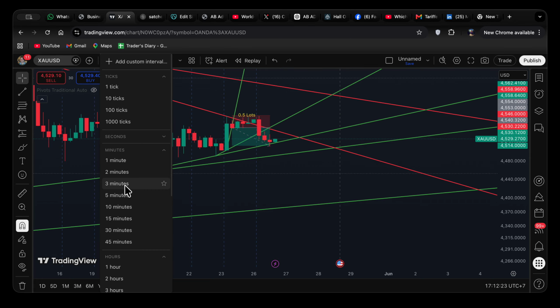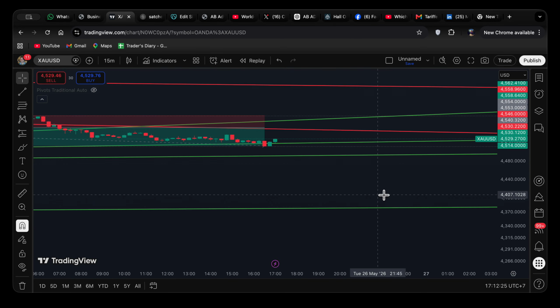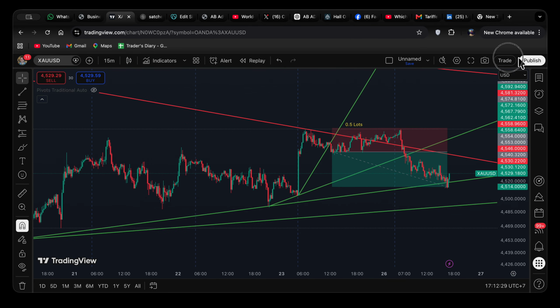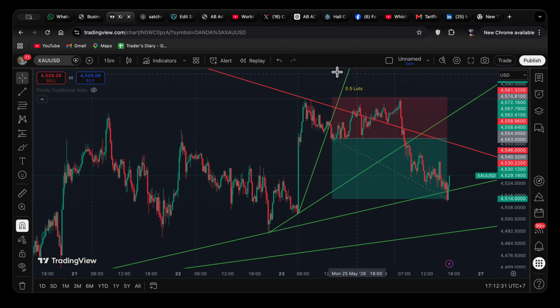So let's go again to the 15-minute time frame so we can visualize better what's happening. Okay, so touch point here and touch point here to here.